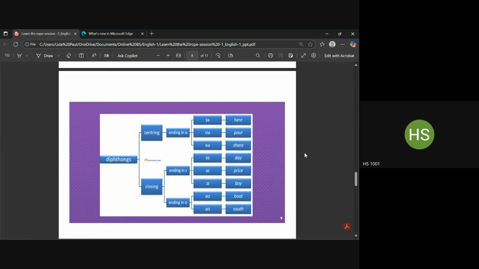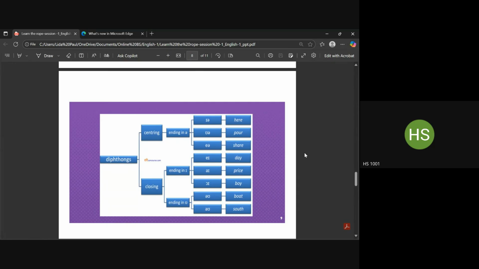But the way it is said is pour, right? Even the other pour, P-O-O-R, also has the same diphthong. Both words have the same diphthong sound, okay?